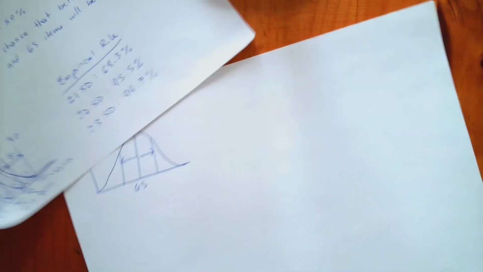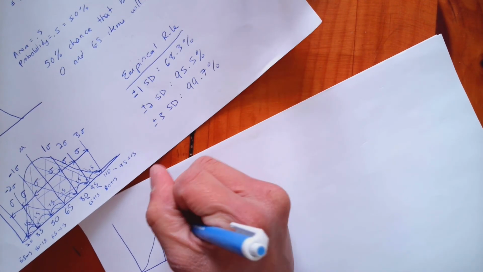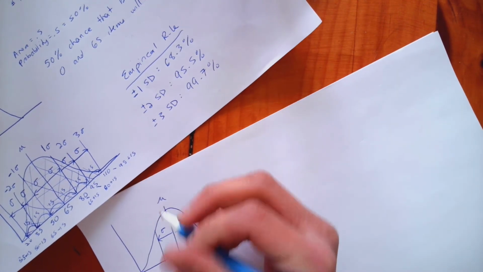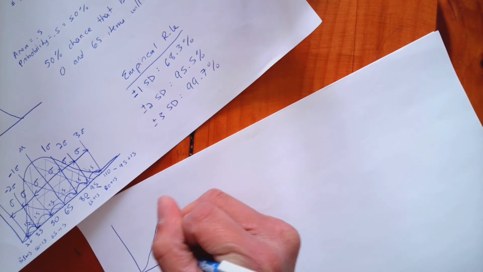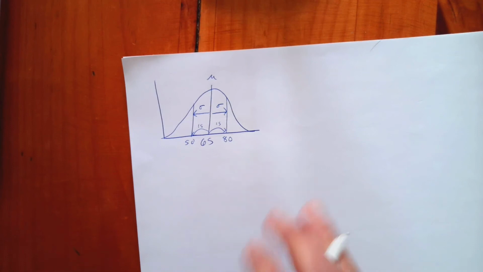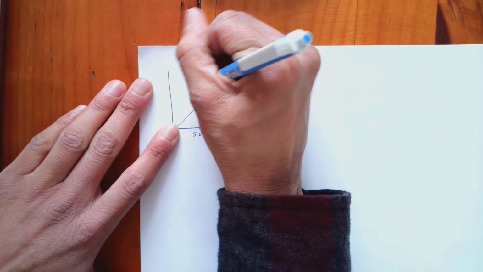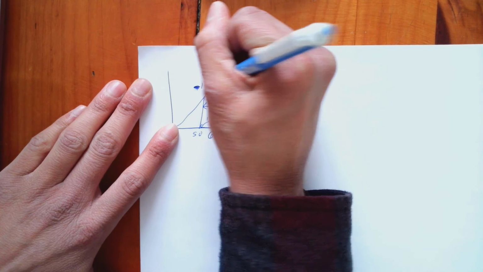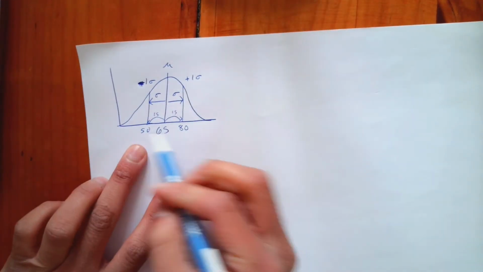So as we showed in this chart here, if you go out 1 standard deviation on either side, you're jumping 15 this way, and that brings you to 80, and you're jumping 15 this way, and that brings you to 50. So plus and minus 1 standard deviation brings you to 50 and 80.